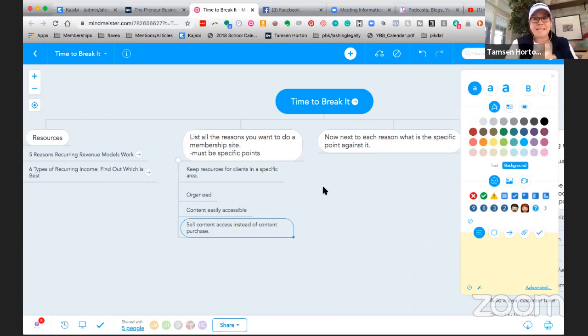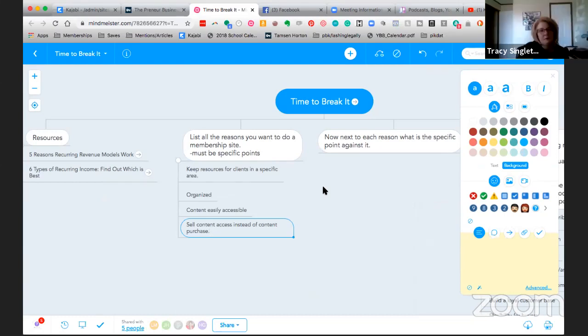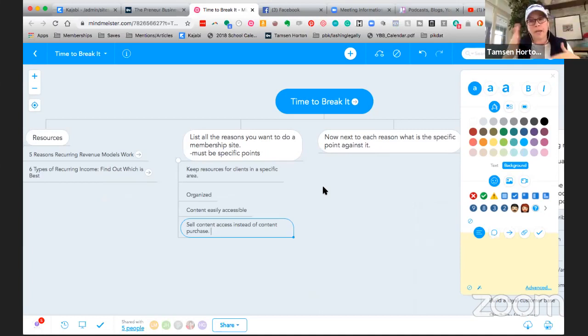However, my business model is I am not selling things individually. I am selling access to the entire library for a fee that they pay every month. So for $59 once a month, they get access to anything in that library. That's what a membership site or a recurring payment option is as a business model. Okay.